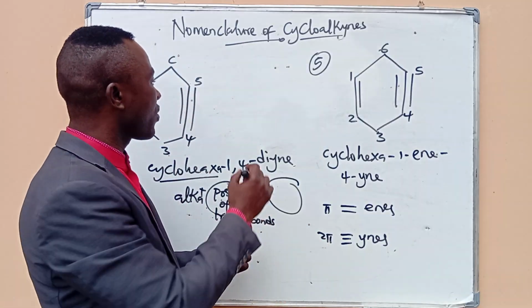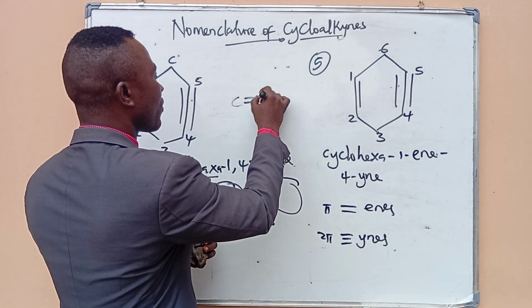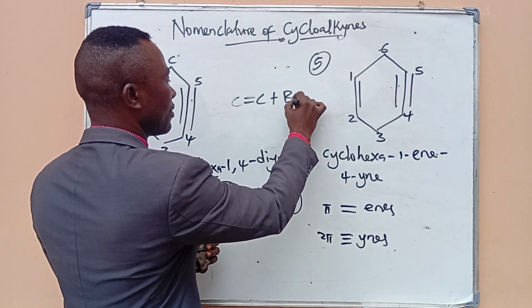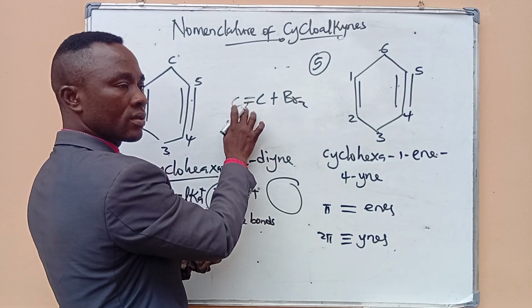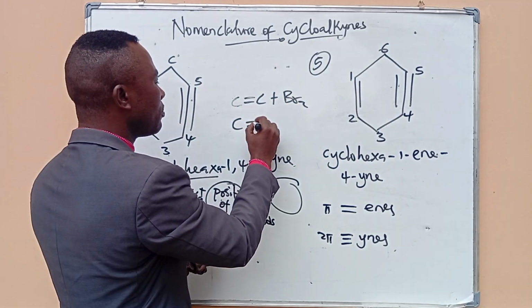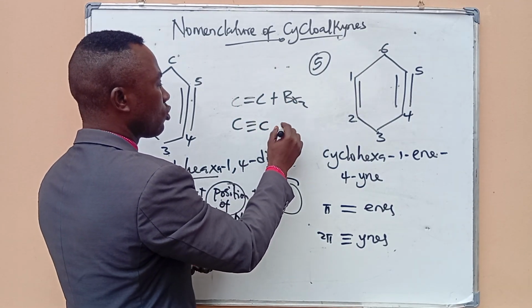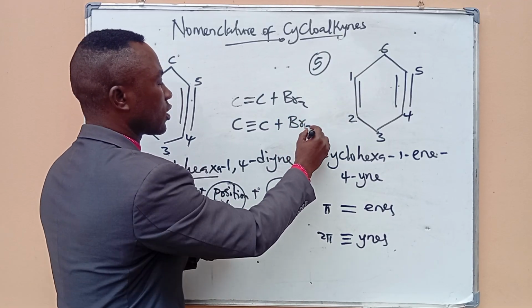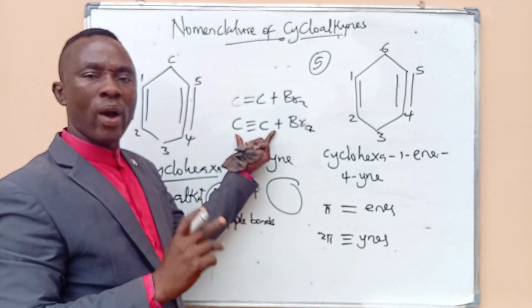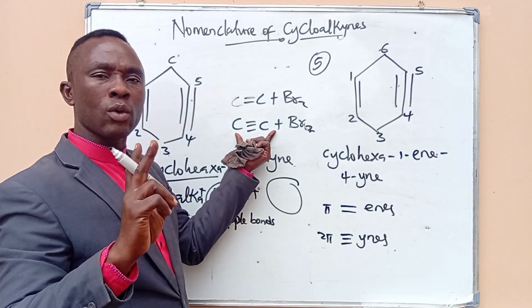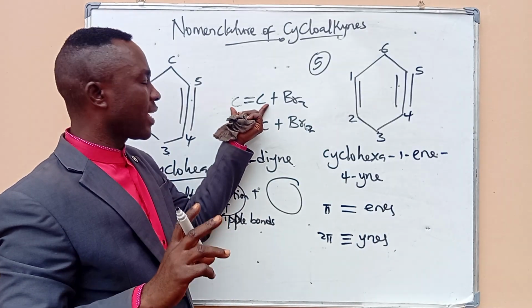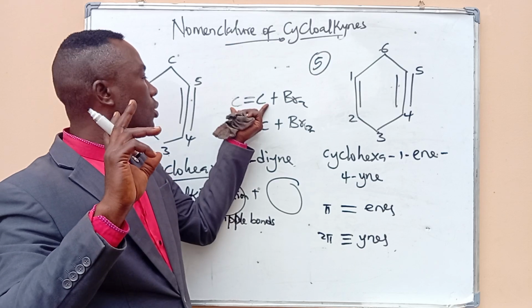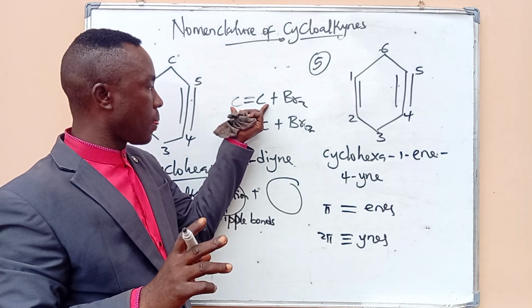So that is why if you are adding bromine to this, and you are adding bromine to a triple bond, you see that the ynes will require 2 molecules of bromine, while ene will require only 1 molecule of bromine.